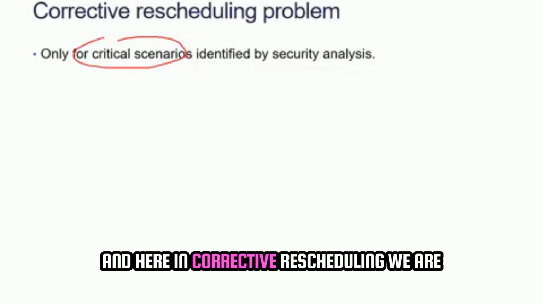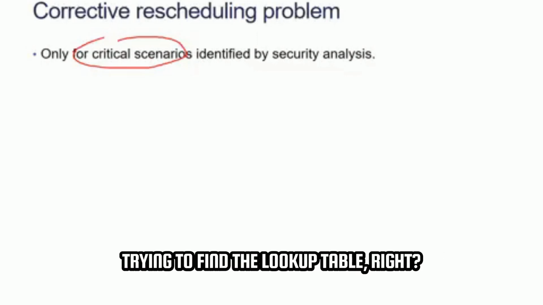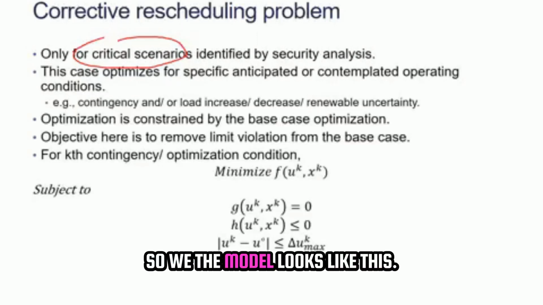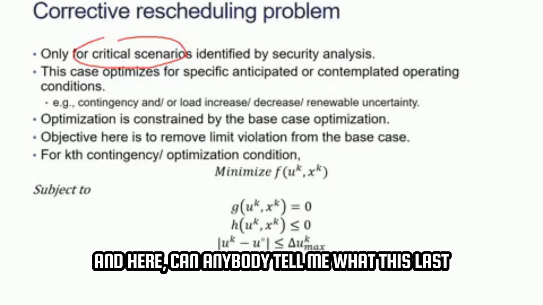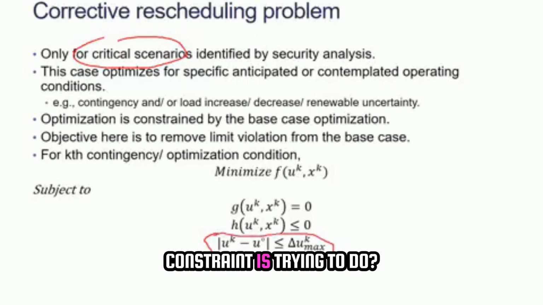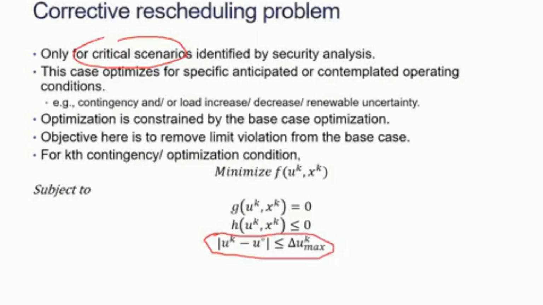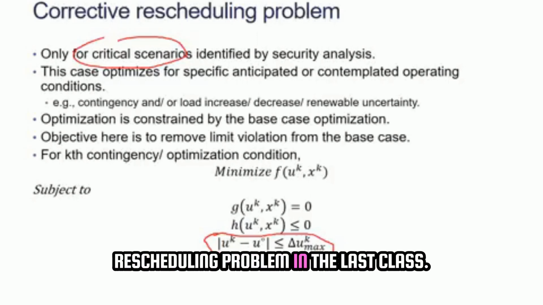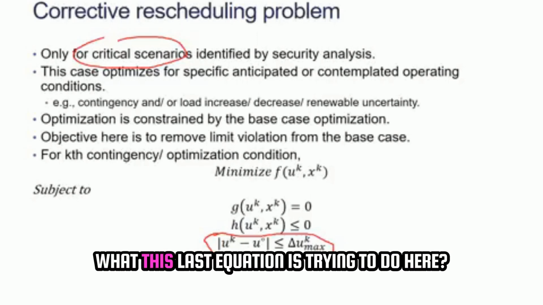And here in corrective rescheduling, we are trying to find the lookup table. So the model looks like this, and here can anybody tell me what this last constraint is trying to do? We discussed this in the corrective rescheduling problem in the last class.